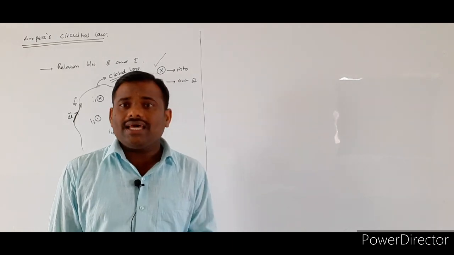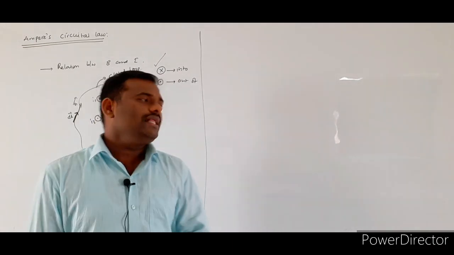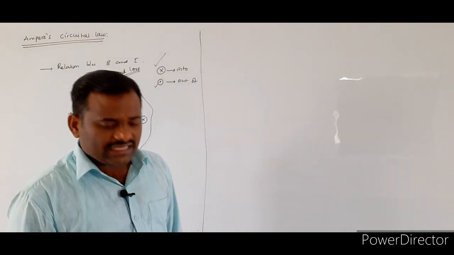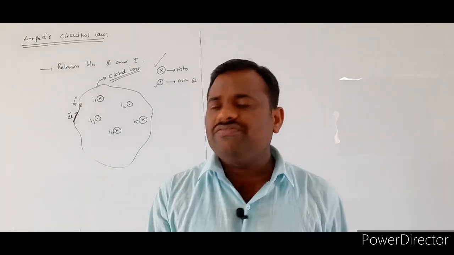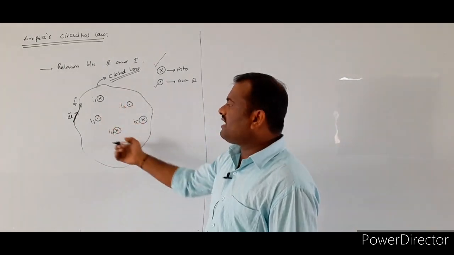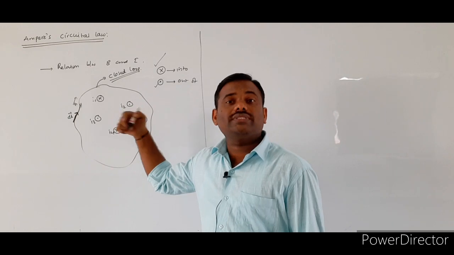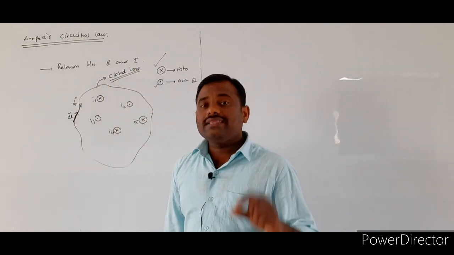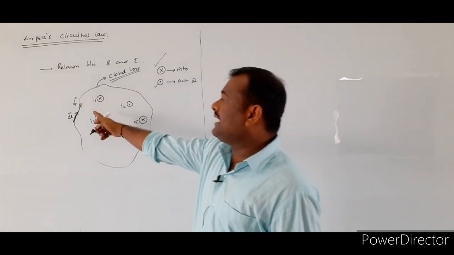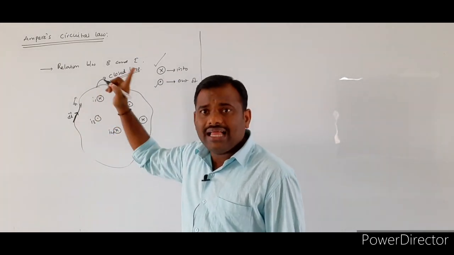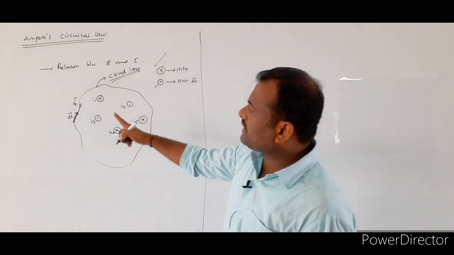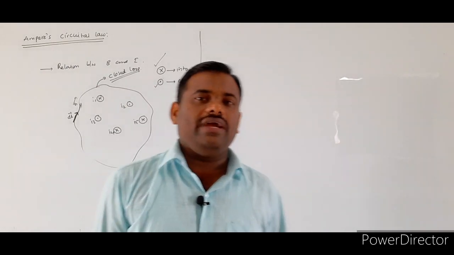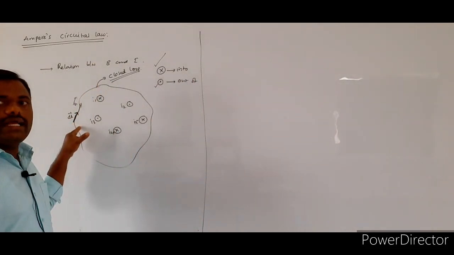Why are we saying resultant magnetic field here? If you consider one current carrying conductor, that produces one magnetic field. Here multiple sources of magnetic fields are there: 1, 2, 3, 4, 5 sources. That's why we mention the resultant magnetic field. B bar indicates the resultant magnetic field. So that tangent gives the direction of the resultant magnetic field at the given point where you drew the tangent.